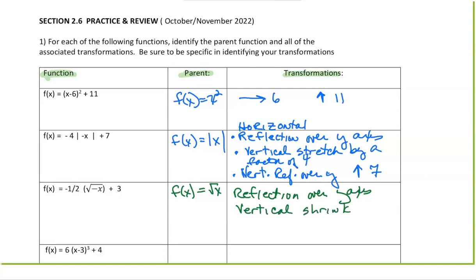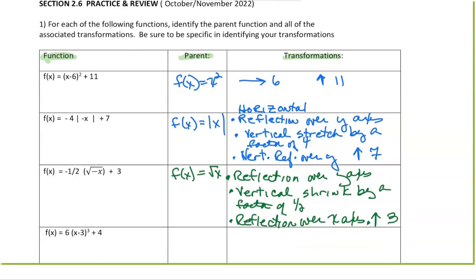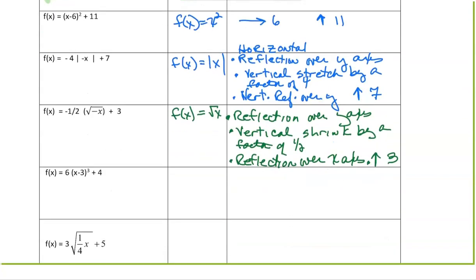You can also call it a compression by a factor of 1/2. So there's 2 changes so far. What else do we have? We had a reflection over the x-axis. That's from the negative outside. And we're going to go up 3. So 4 changes.